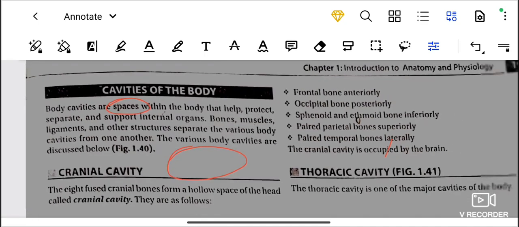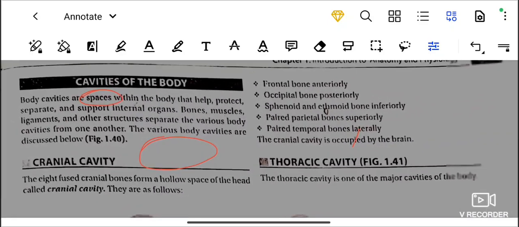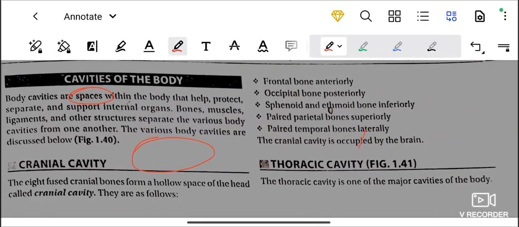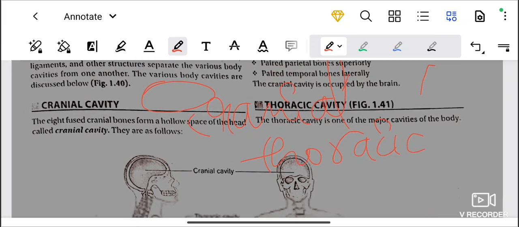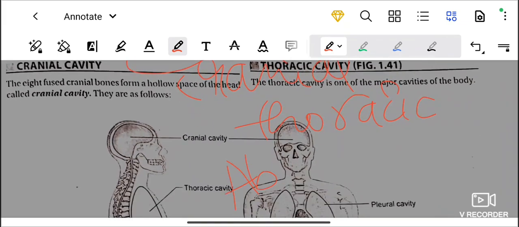What cavities are present? Here we are going to discuss four cavities in total: the cranial cavity, the thoracic cavity, and the abdominopelvic cavity.